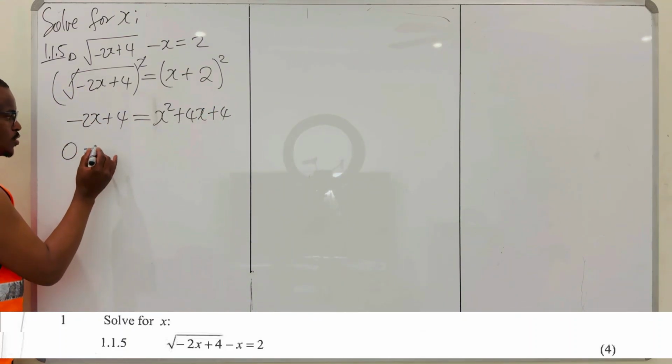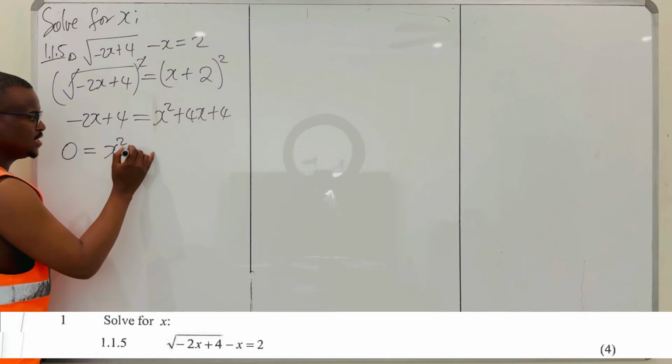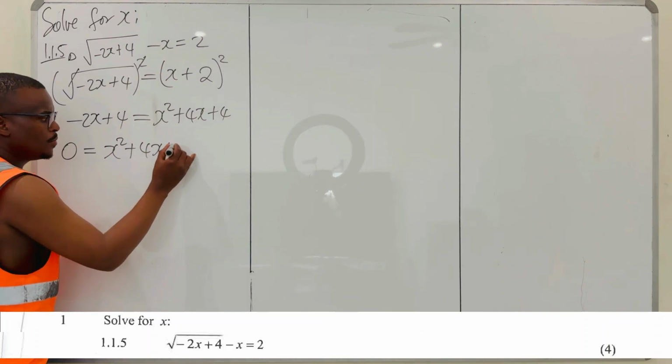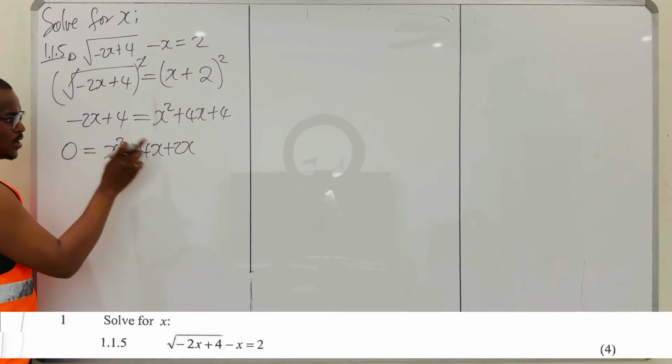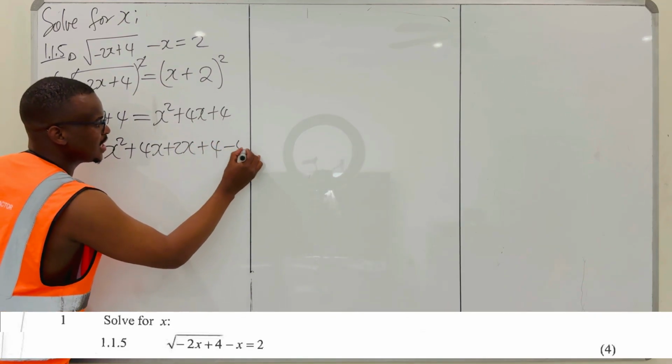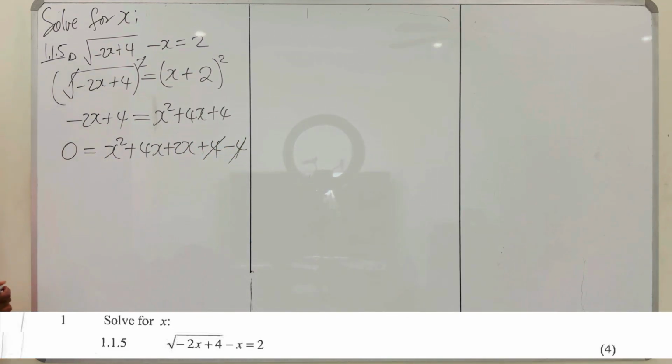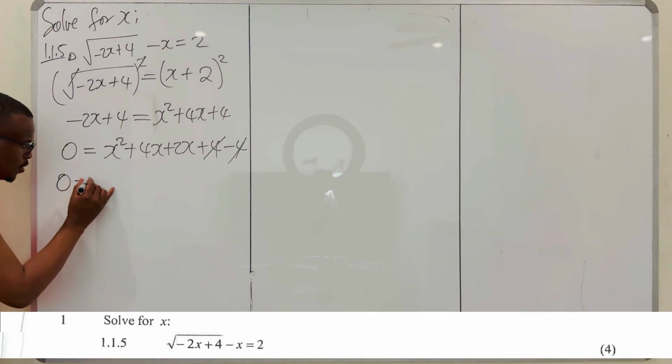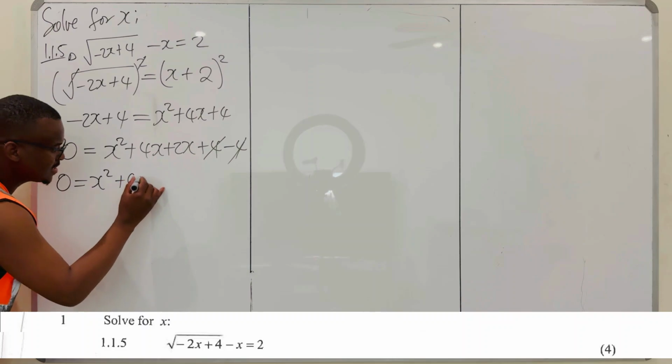So we say 0 is equal to x squared plus 4x plus 2x, which is taking that one over there, plus 4, minus the other 4. So these two 4s go away. Are you following me? What you're left with is 0 is equal to x squared plus 6x.